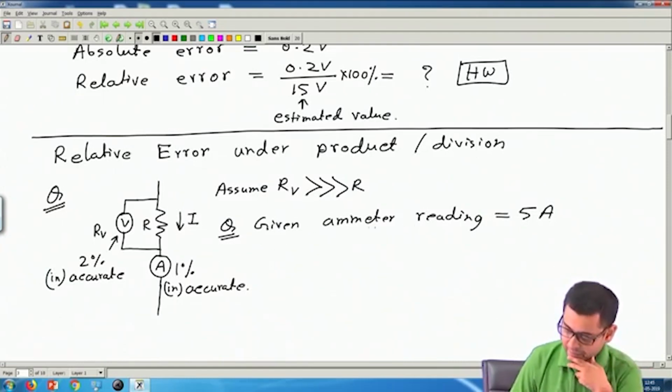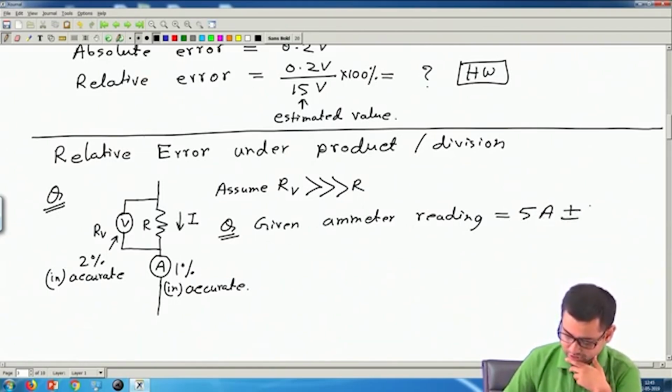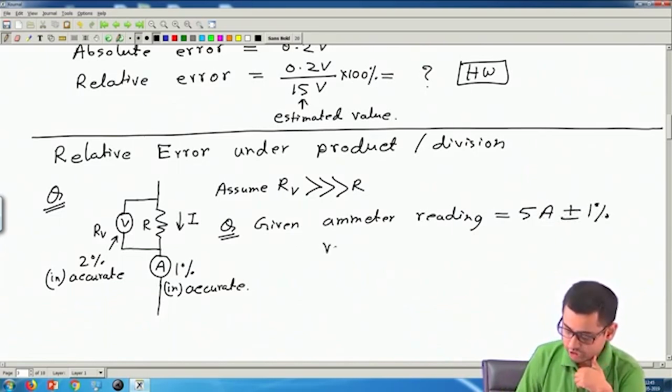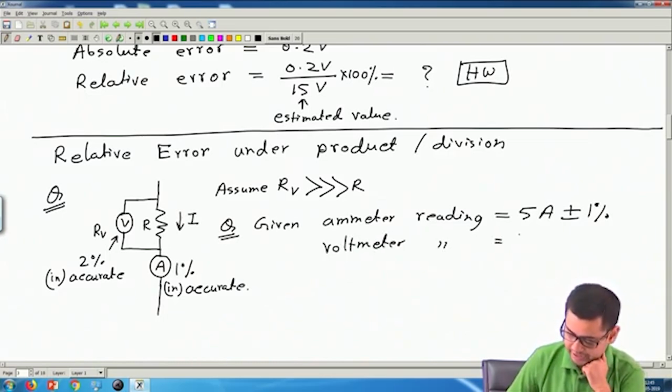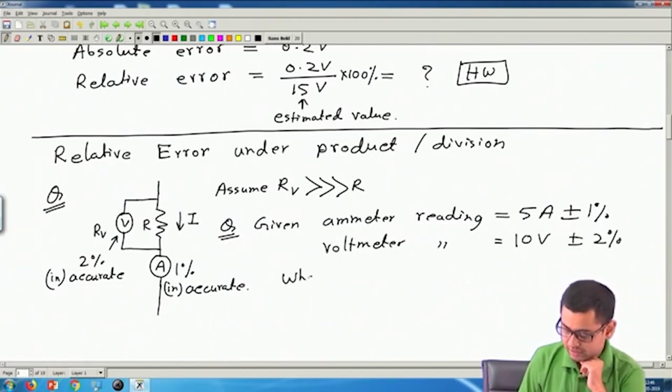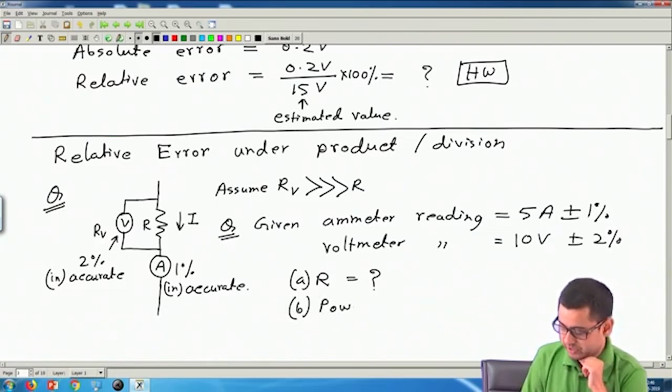So given the ammeter reading 5 ampere plus minus 1%, and voltmeter reading is equal to say 10 volt plus minus 2%, what is the value of the resistance? R is equal to what? So this is part A, and part B is power consumption in this resistance is how much?